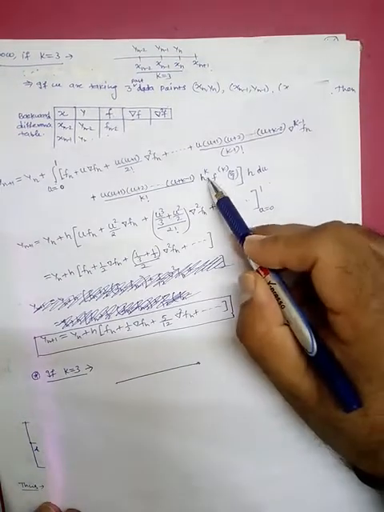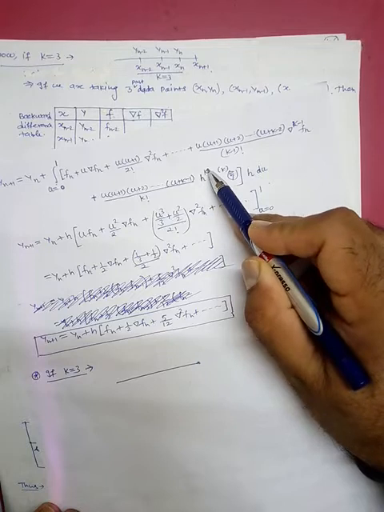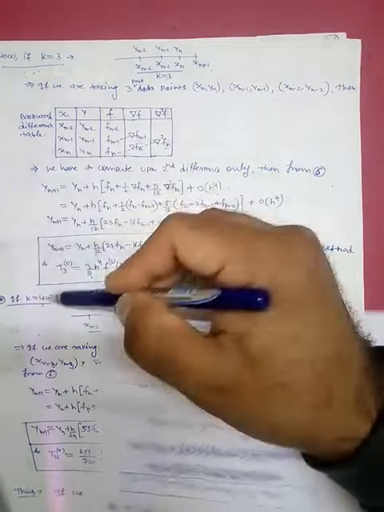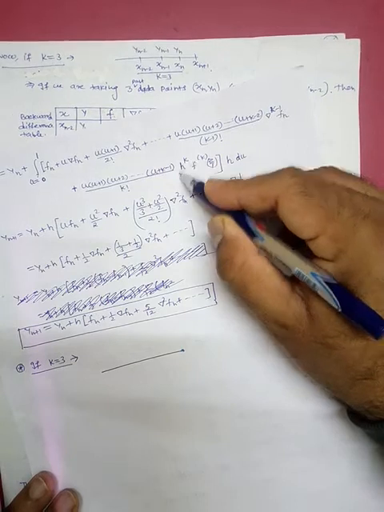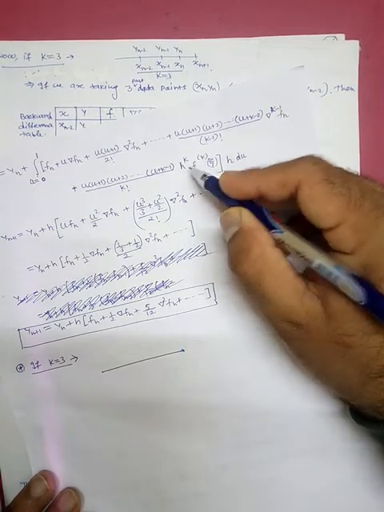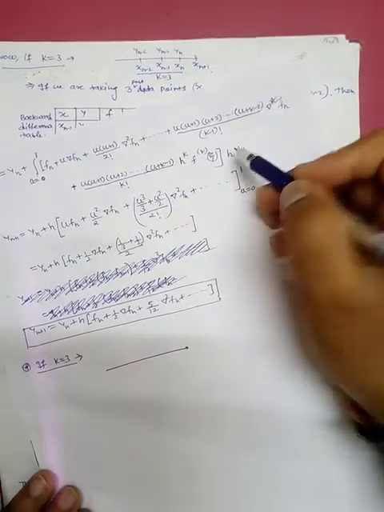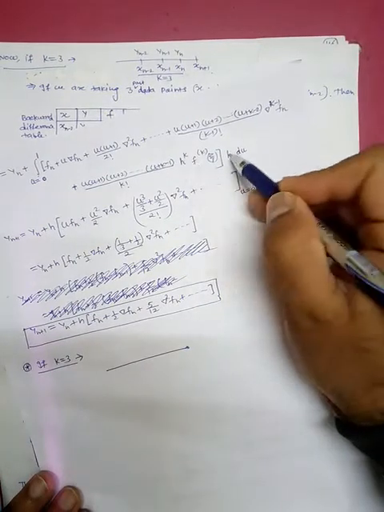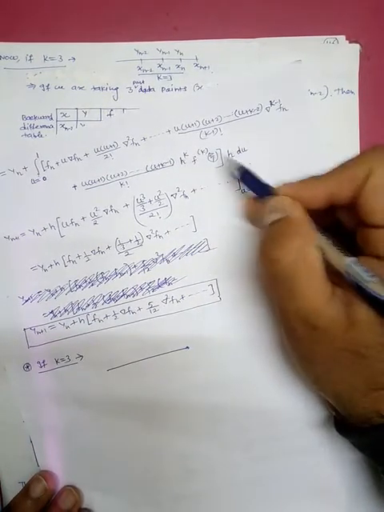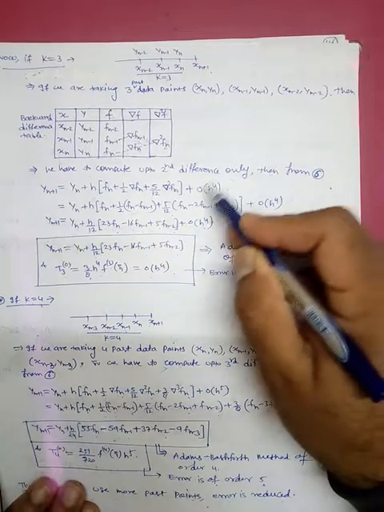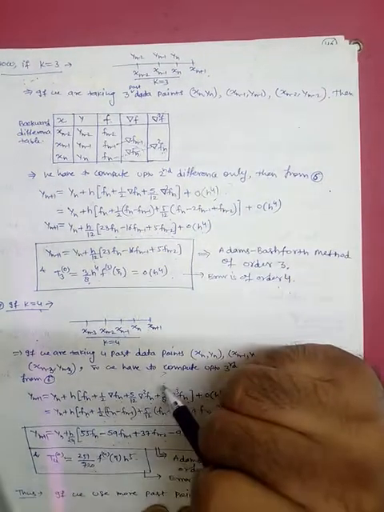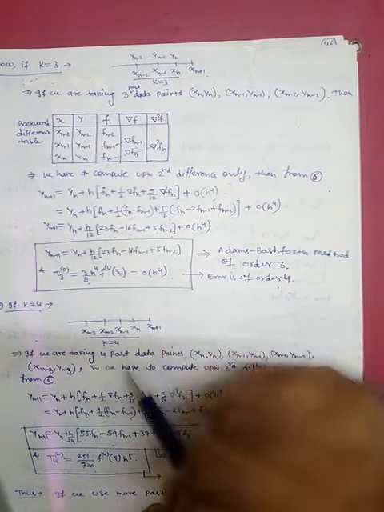If you see this, k is just 2 here, in our case k is 3, so this will be h raised to the power k, that means h raised to the power 3. When integrating and multiplying by this h, this product will ultimately give you h raised to the power 4. That's why the error term is of order h raised to the power 4.